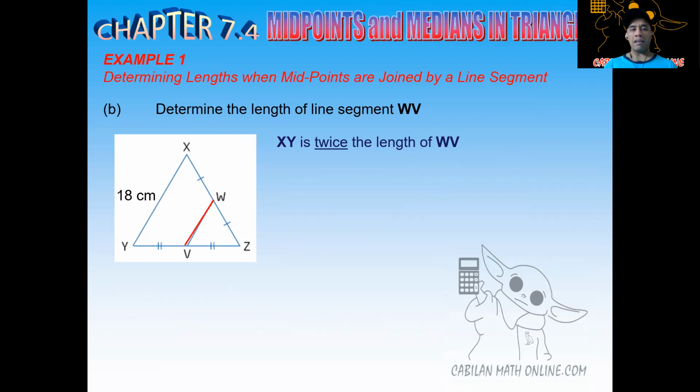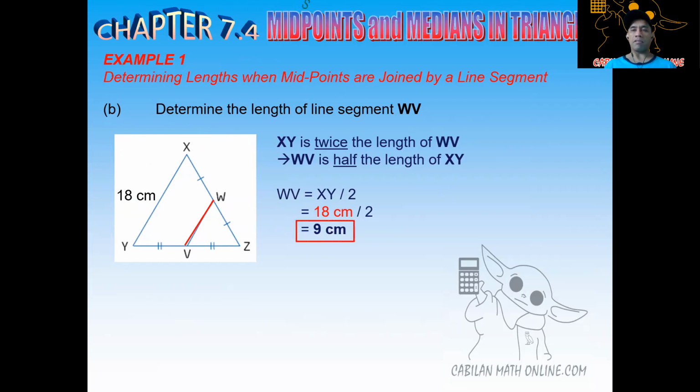Another way you can look at it here is that WV is also just half the length of X to Y. So what we're going to do here, we're just going to take the 18 divided by 2. So WV will have a line segment of 9 centimeters. All right, so again, as you can see here, we just applied the relationship again with the midpoints joined by a line segment.